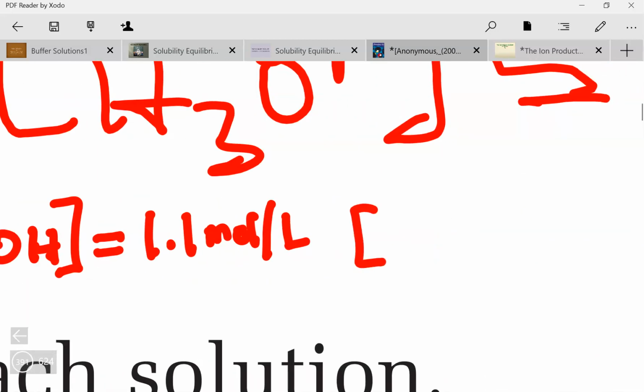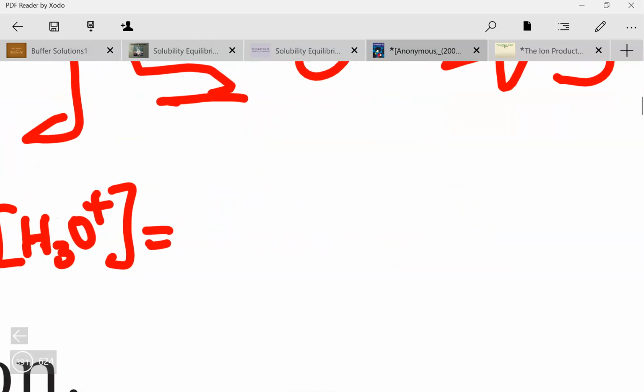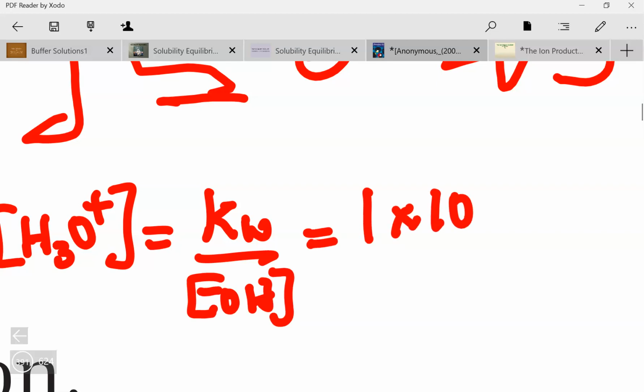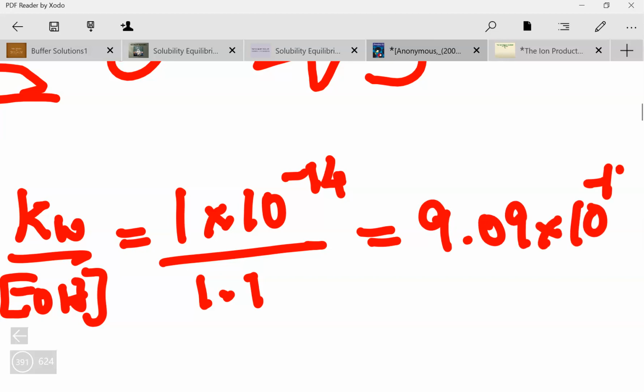Our concentration of acid, or H3O plus, is again going to be equal to KW divided by OH minus concentration, which is 1 times 10 to the power of negative 14 divided by 1.1, which is equal to 9.09 times 10 to the power of negative 15.